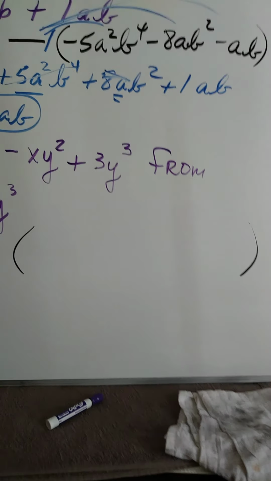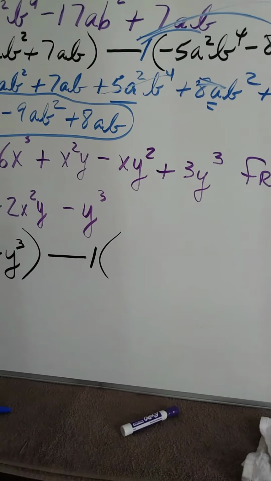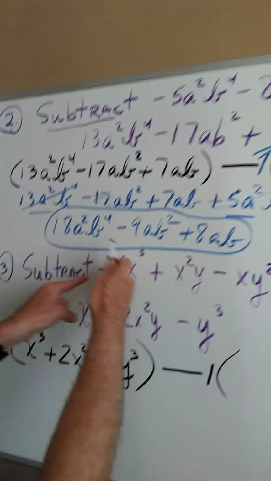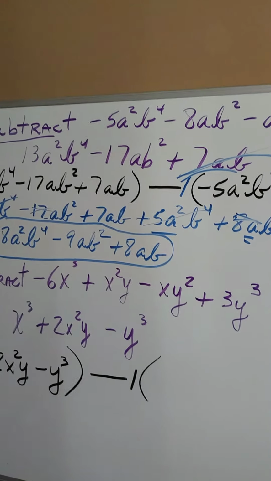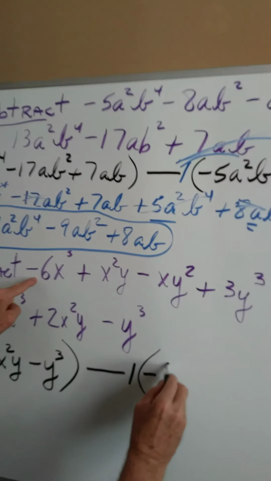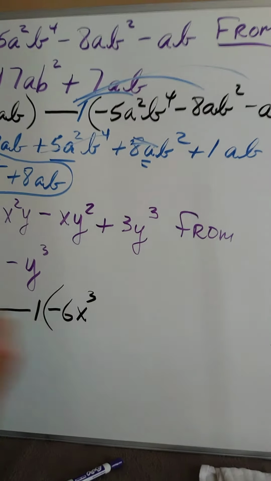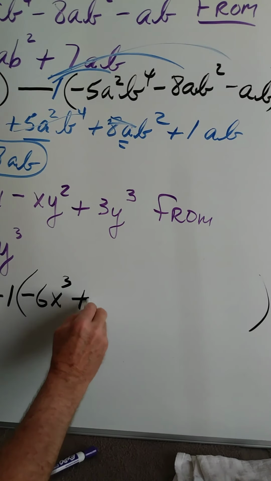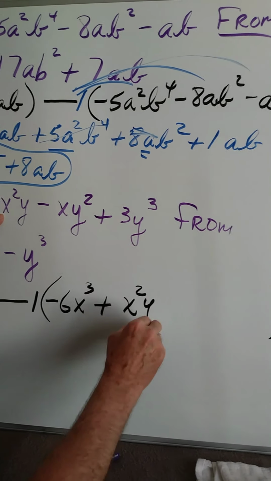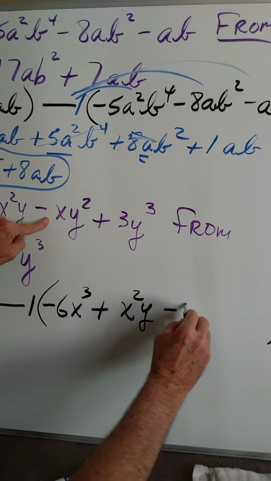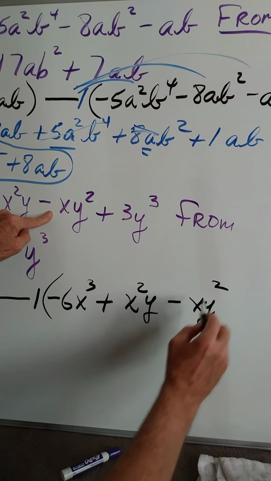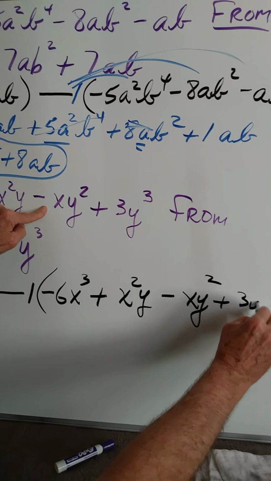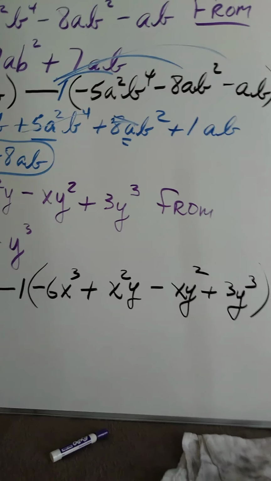You can insert the negative 1 right now. The one that was written first right up here is going second. Negative 6x cubed plus x squared y minus xy squared plus 3y cubed.